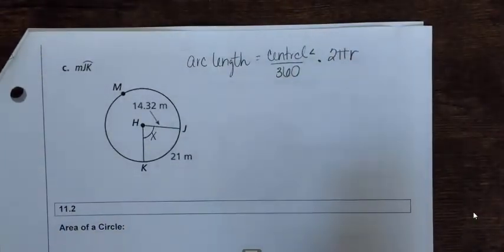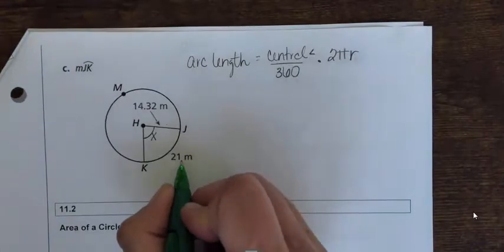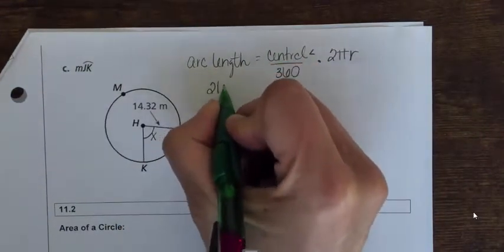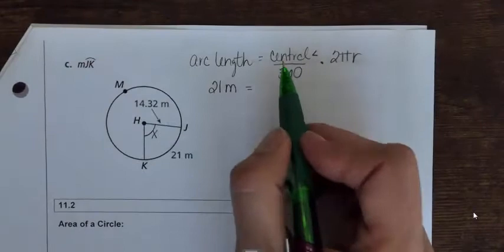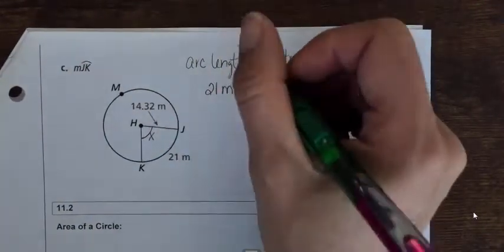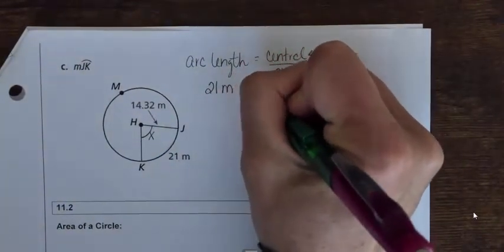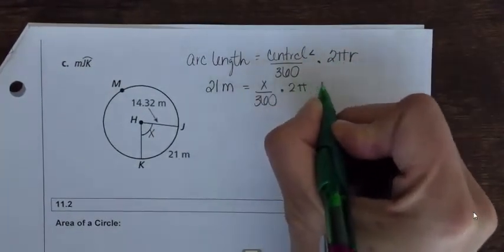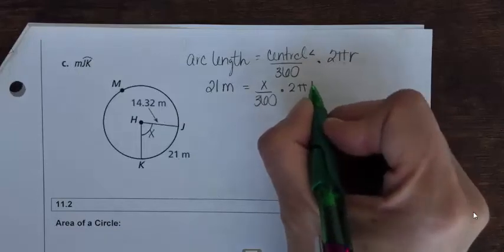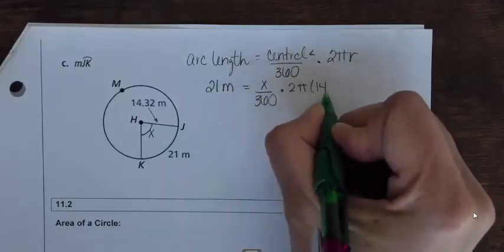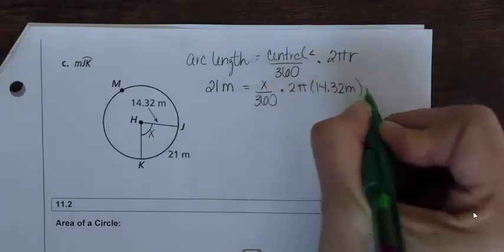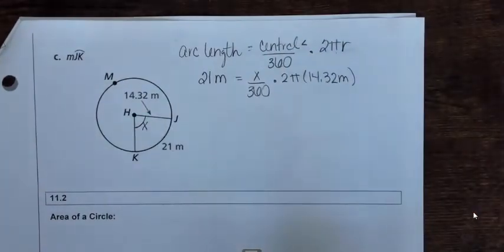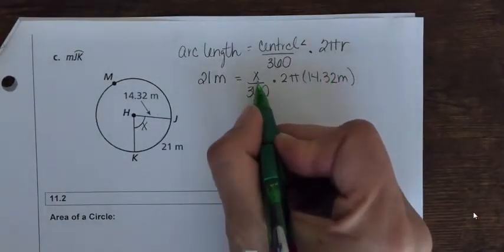So let's plug in things that I know. My arc length is 21 meters. My central angle I don't know, so I'll let that be x. So I'm going to do x over 360 times 2 pi r, and my radius appears to be 14.32 meters. I need to get x by itself.